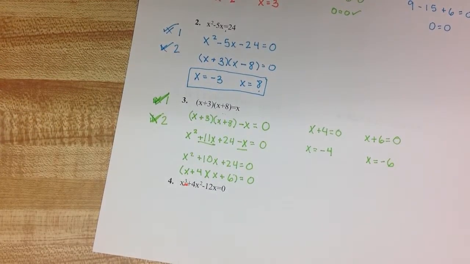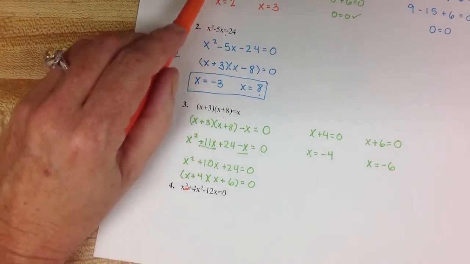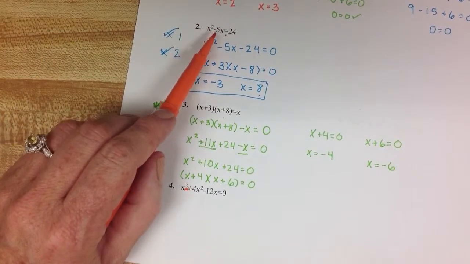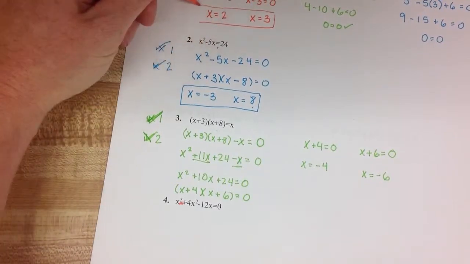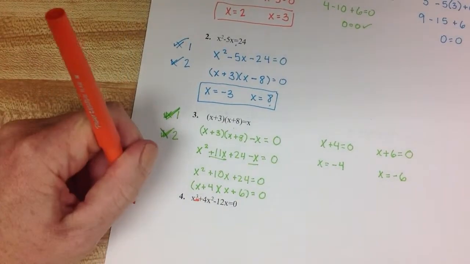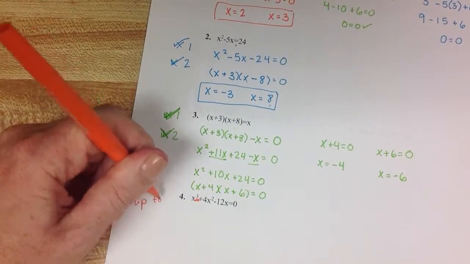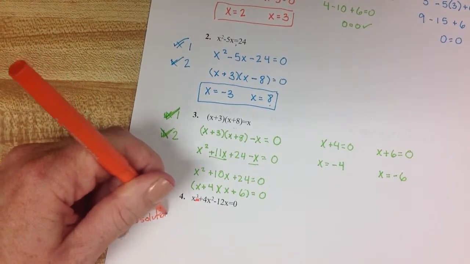So if linear equations, ones where x is to the power of 1, have one solution, and quadratic equations, equations where x is to a power of 2, have two solutions, and box these, how many solutions do you think an x to the power of 3 is going to have? If you guessed 3, you're correct. It can have up to 3 solutions.